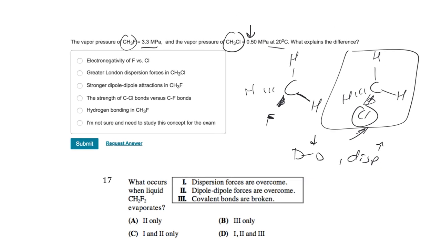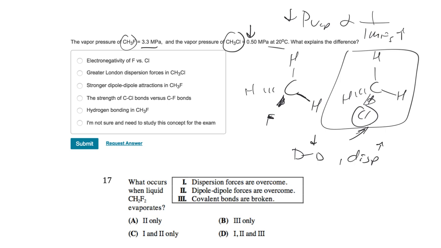So vapor pressure is inversely related to intermolecular forces. So if you strengthen intermolecular forces, you lower vapor pressure. The idea is, imagine a liquid. In order for it to have a vapor pressure, a liquid molecule has to escape into the gas phase. The escape into the gas phase is going to take more energy with stronger intermolecular forces.